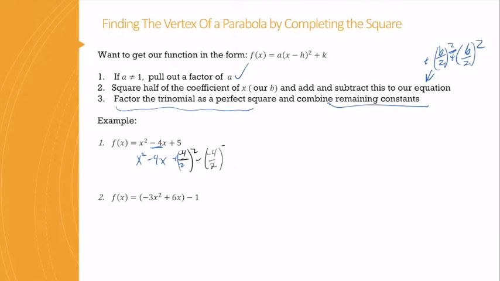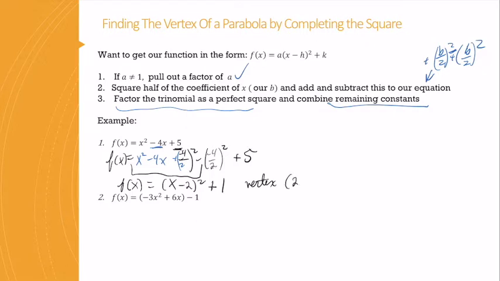I add 5, because we can't forget about our constant. I know that this is going to factor into a perfect square. So I'm going to have f of x equals x minus 2 squared minus, negative 4 divided by 2 is negative 2, negative 2 squared is 4. 4 plus 5 would be a positive 1. So my vertex is the point (2, 1).